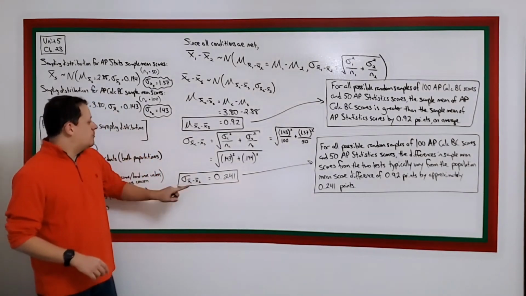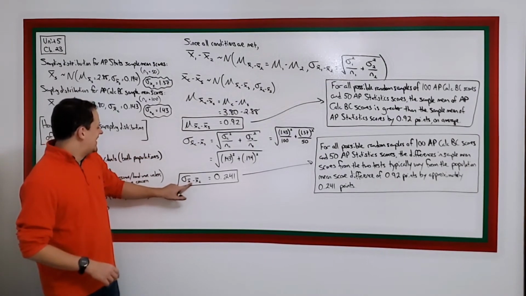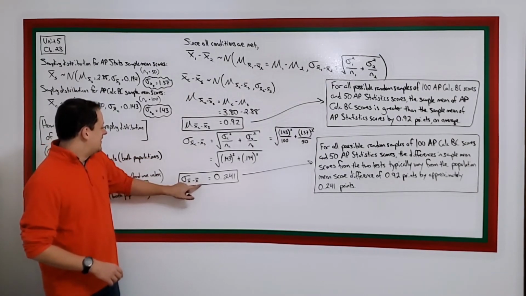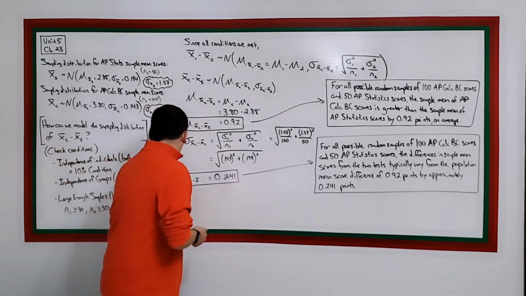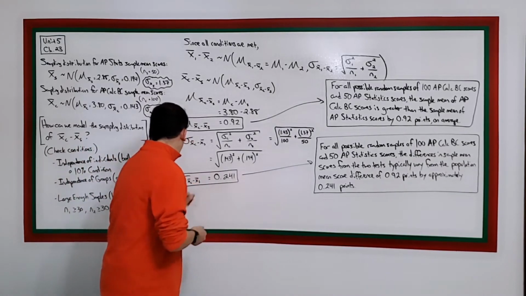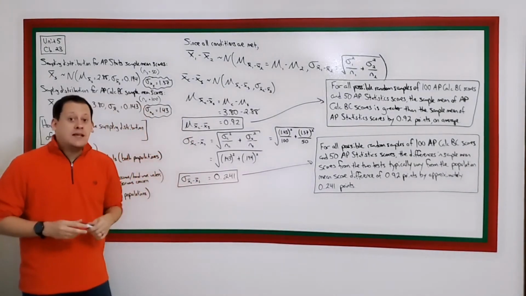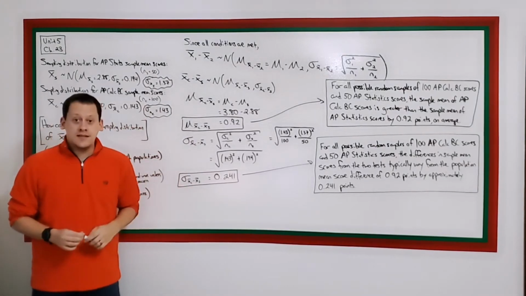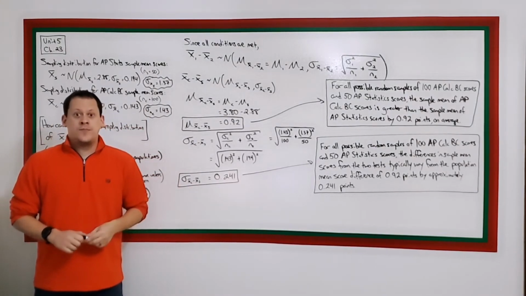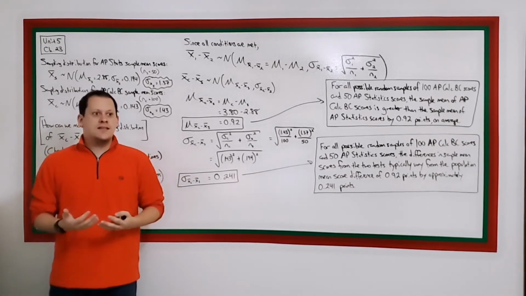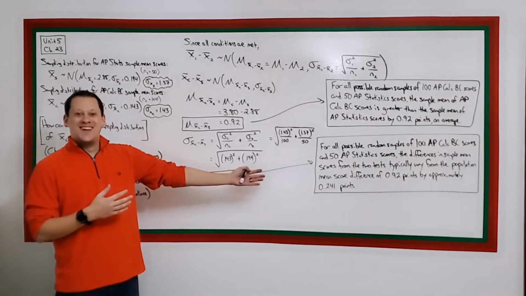The difference in sample means between, I did it again, I put 1 and 2 here. We are applying that notion of a standard deviation to the difference in sample means between calculus and statistics AP test scores. So our interpretation should say something like this.